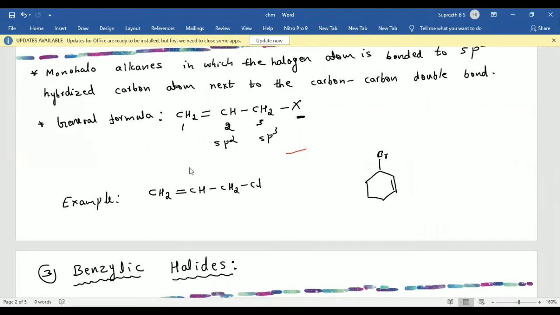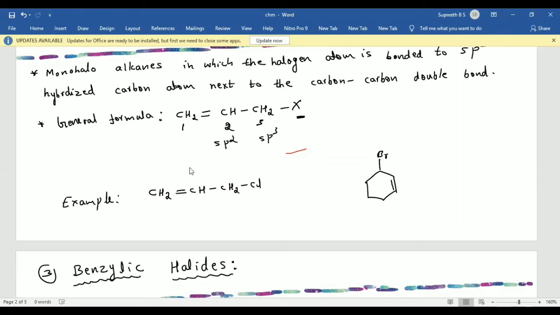The halogen atom is attached to an sp3 carbon atom next to the carbon carbon double bond. So the third carbon is the allylic carbon, so the halogen atom is attached to the allylic carbon atom. For that reason, that class of halogen derivative compounds are called allylic halides.